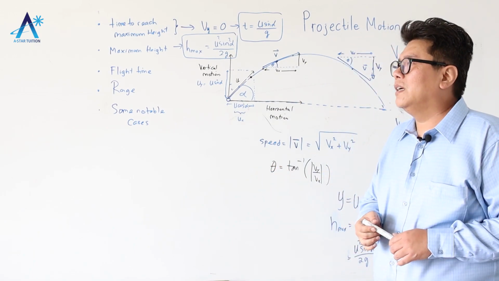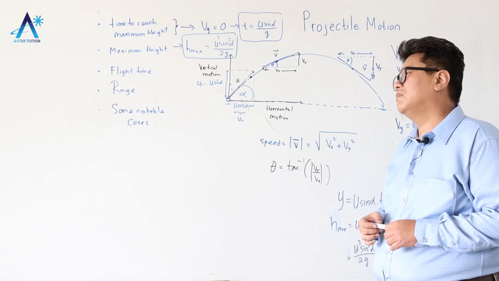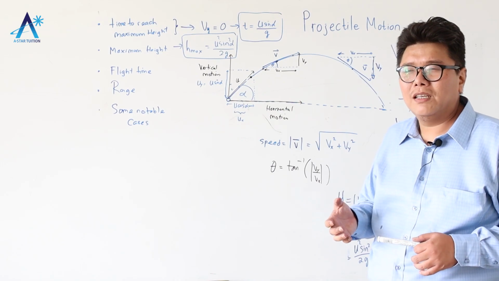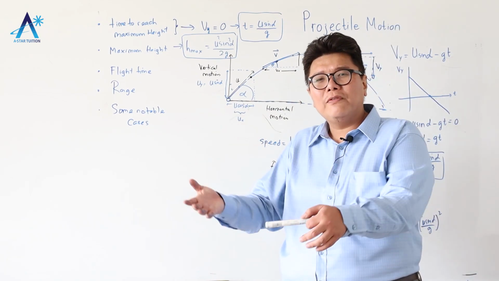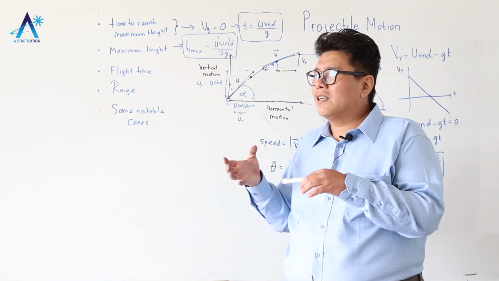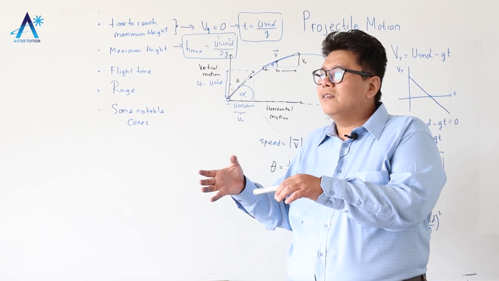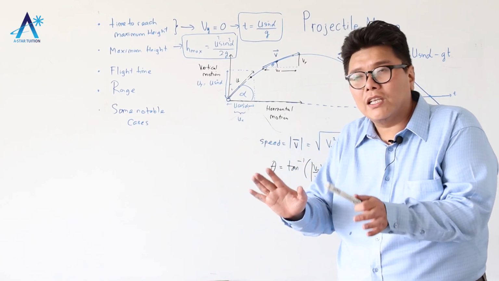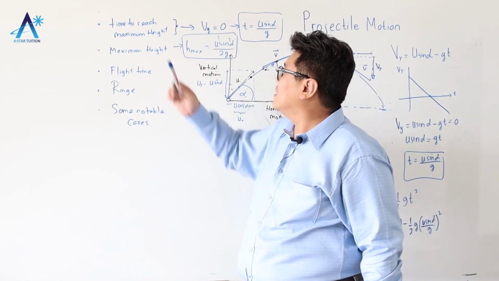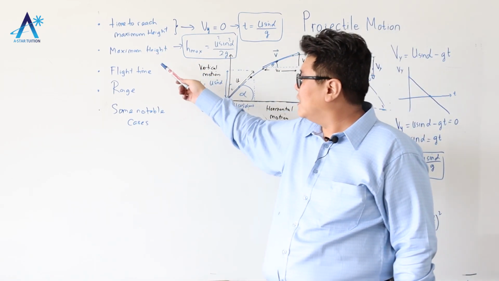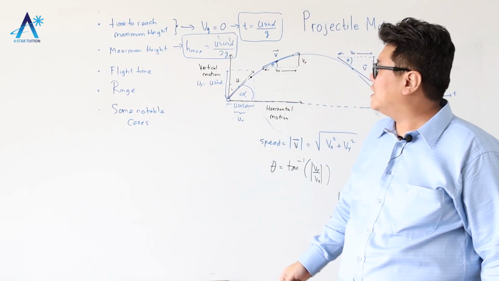other than the basic ones, of course, it will be cumbersome, because there are so many formulas that you can derive from one case, depending on the situation and condition. Here we're trying to find the time to reach maximum height, and then there will be more of this.